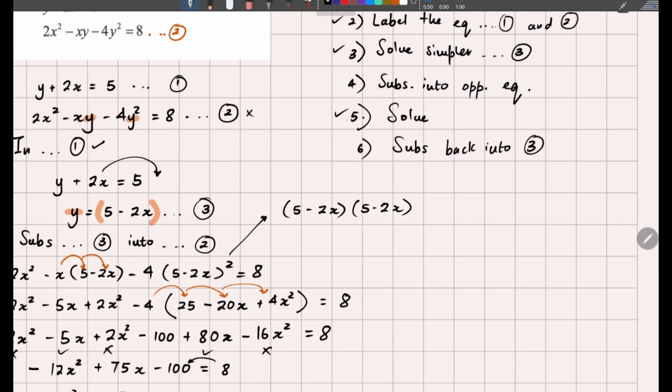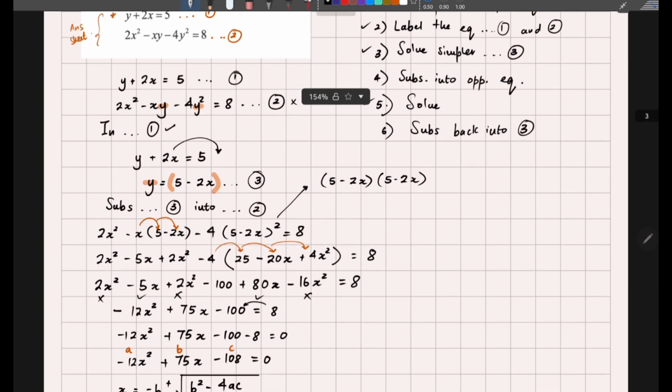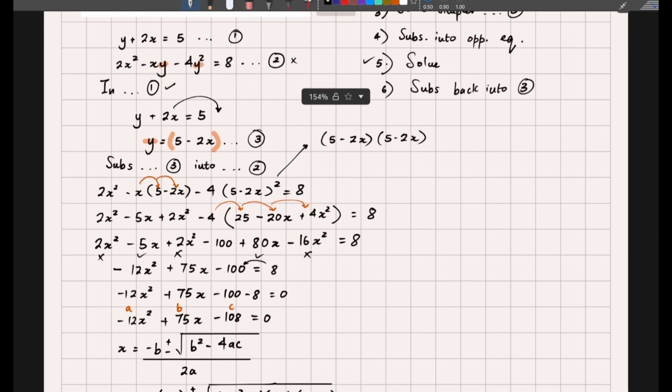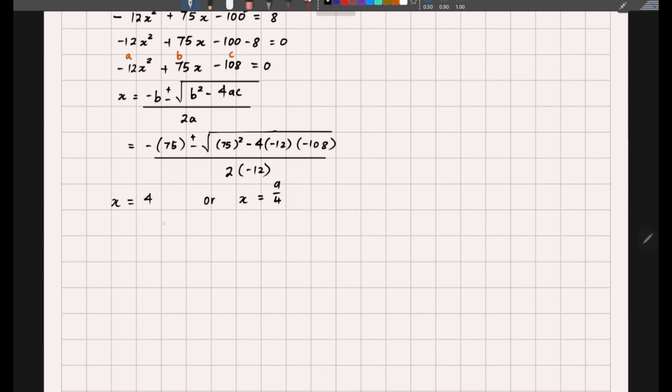Now, I solved in quite a long way. And now that I solved them out, let's check what my last rule says. My last rule says substitute it back into equation 3. Now we already can see that that's equation 3. So we know y is equal to 5 minus 2x.